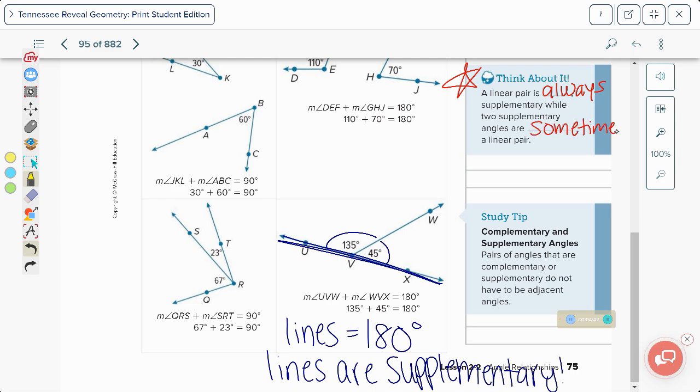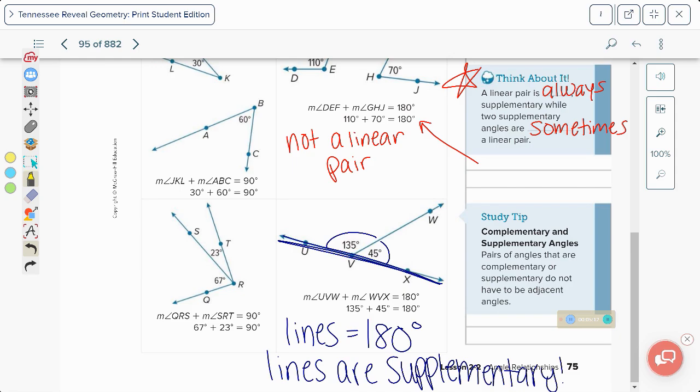Okay, what that means is the term supplementary just means, again, if I add them together, they will equal 180 degrees. Okay, if we look back at this example here, those two angles are not connected and they don't form a line. So those are not a linear pair. I might add that note here in this box. These are not a linear pair.